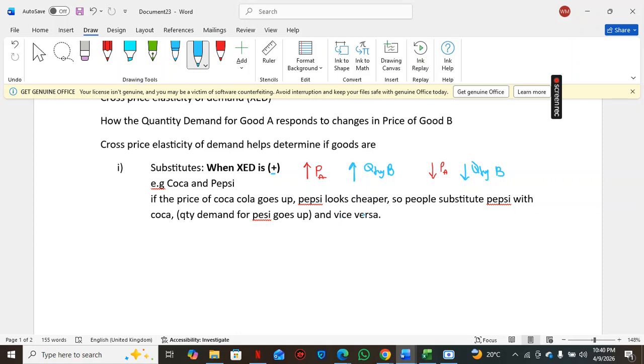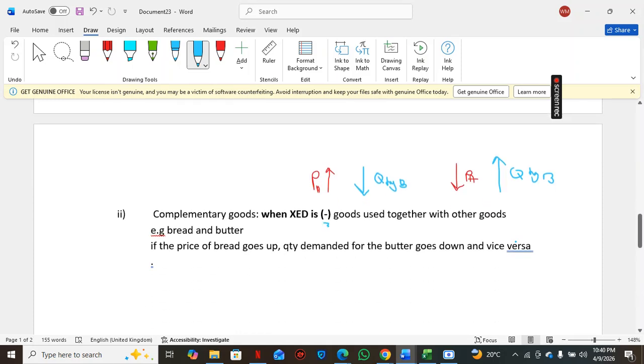If the cross price elasticity of demand is negative, then these goods are complementary. They're used together. So if the price of meat goes up, people buy less meat. Since meat and bread are used together and people are buying less meat, they won't need to buy bread, so quantity demanded for bread is going to go down.